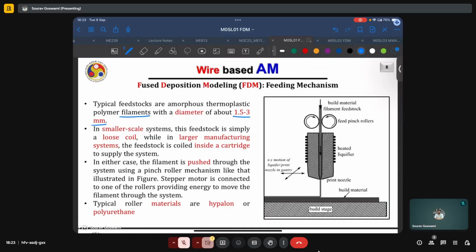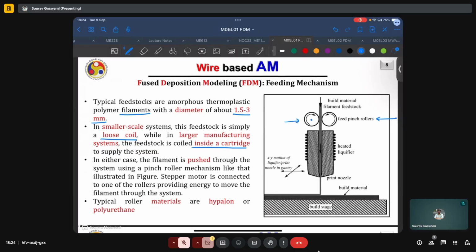If it's just a simple benchtop system, the feedstock may simply be available in the form of a loose coil or in the form of a wire spool, whereas if it is a complex feedstock, we can see here this pair of rollers, which typically will be connected by some spring to have tension.